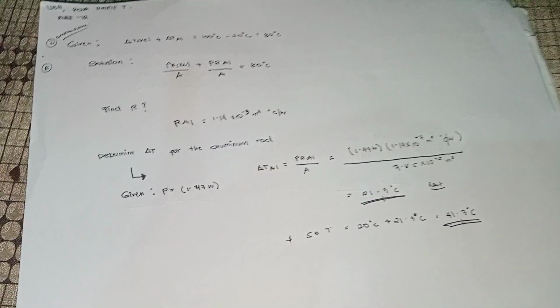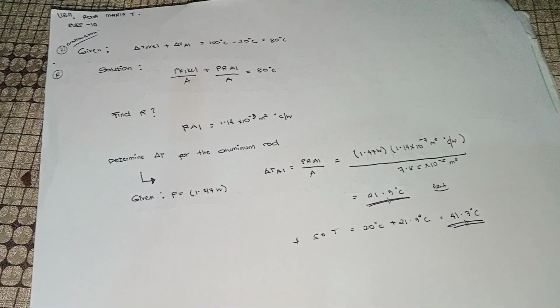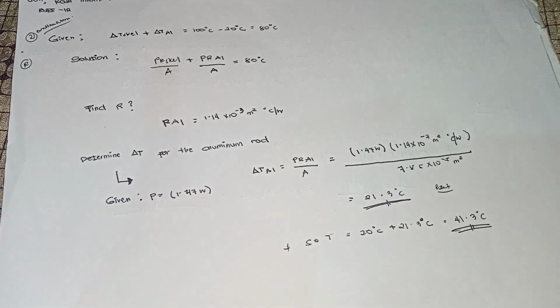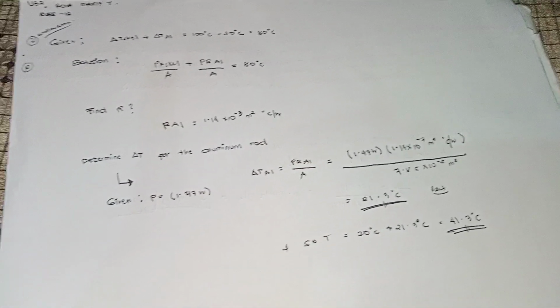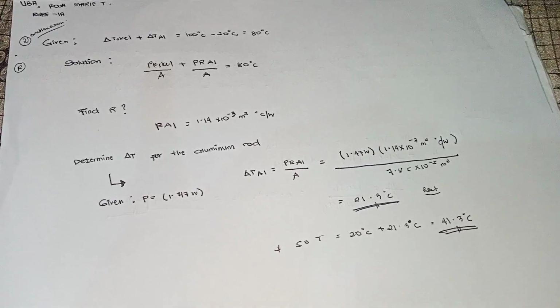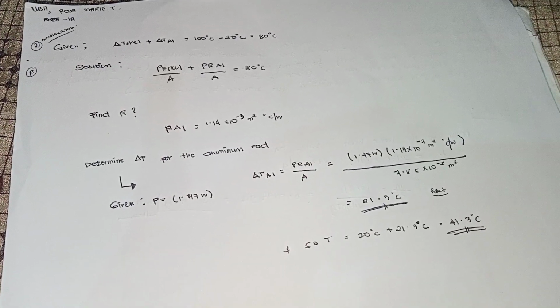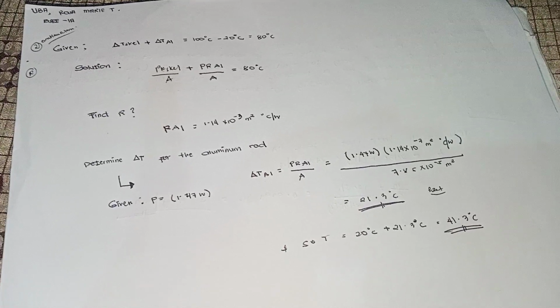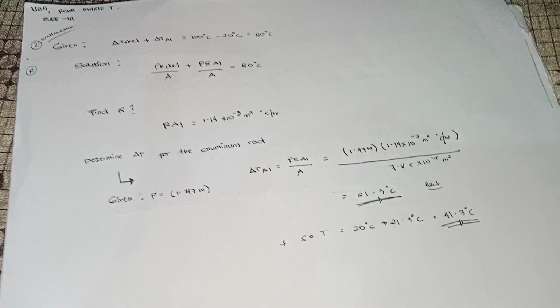So solution number 2. Given delta Pascal plus delta TAI equals 100 degrees Celsius minus 20 degrees Celsius, which equals 80 degrees Celsius.